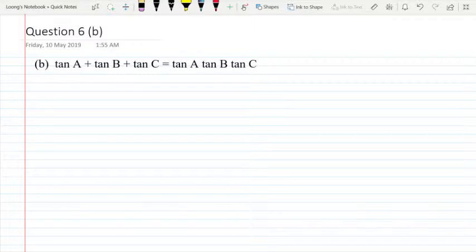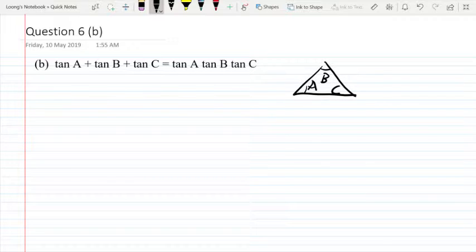We move on to question B. Question B now is related to question A. So before I begin, I draw back the triangle that I drew at question A before.